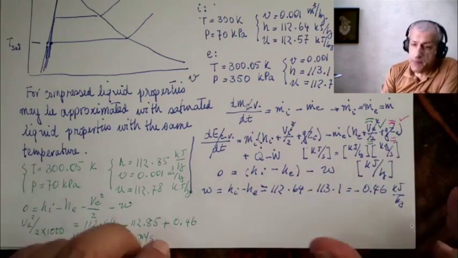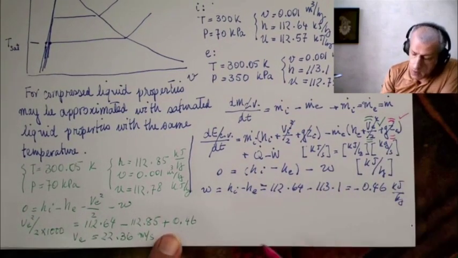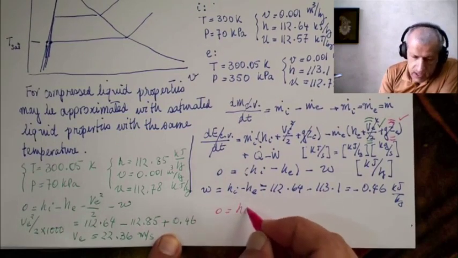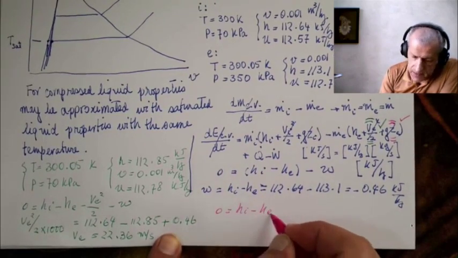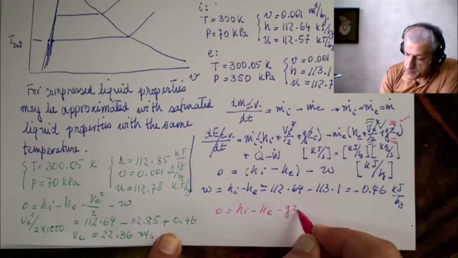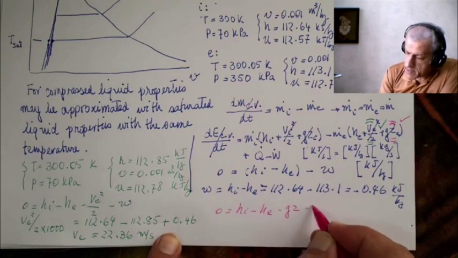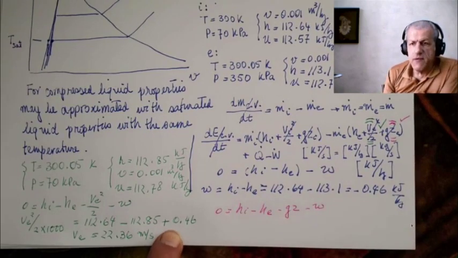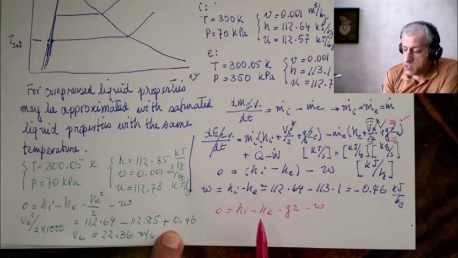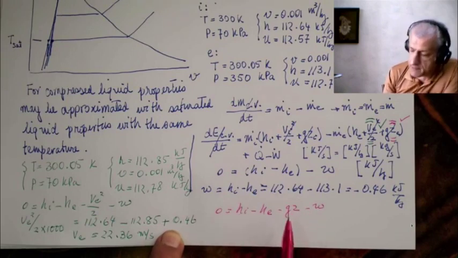So the first law would look like this. 0 equals hi minus he minus gz minus w, and this would be the first law. Now the work is spent on increasing elevation and not changing the h and not changing the velocity.